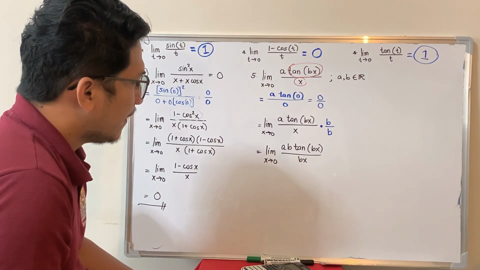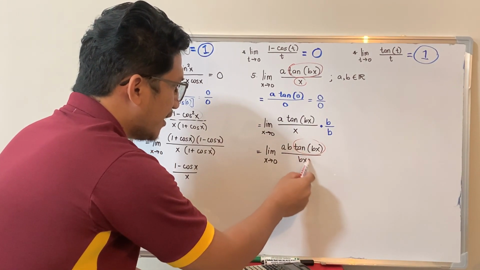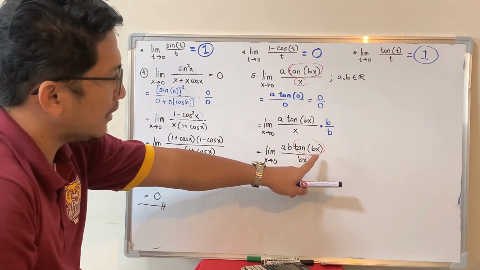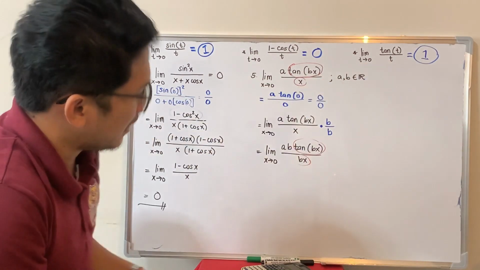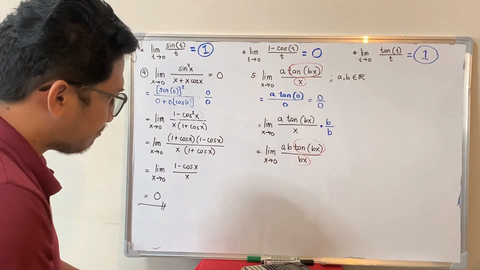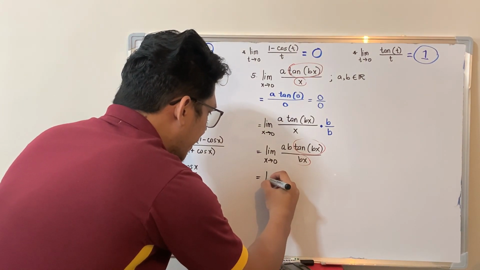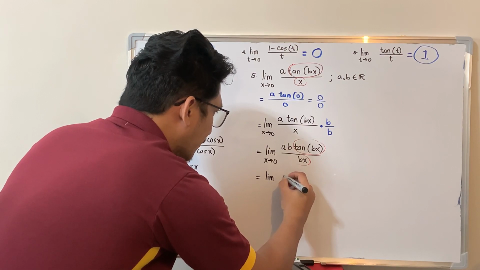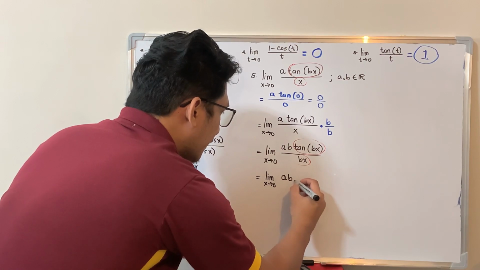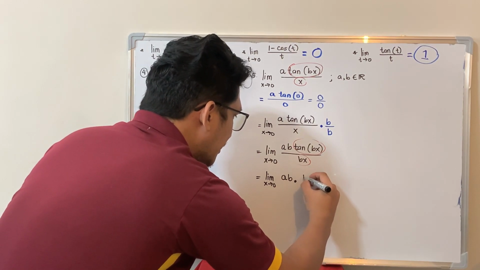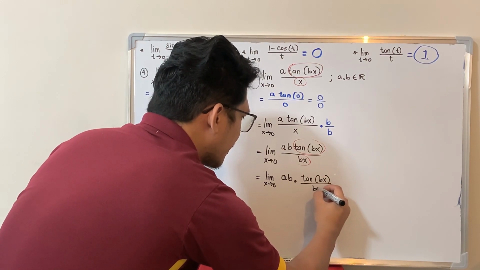From there, the angle bx and the bx in the denominator are the same values. So it applies here. Now I can separate it. I can say the limit of, let's say, ab, as x approaches 0 anyway, times tangent bx all over bx.